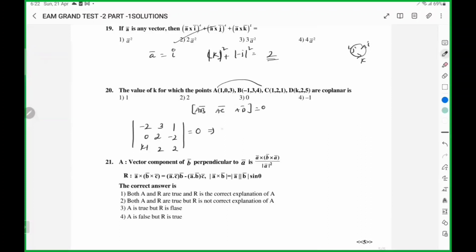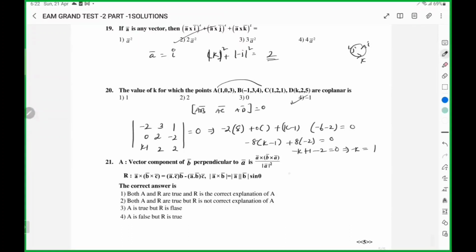So expanding the determinant with respect to the first column, 0 into something plus k minus 1 into 0, minus 8 times k plus 8 times minus 2 equals 0. So the k value here is minus k plus 1, so k is minus 1.